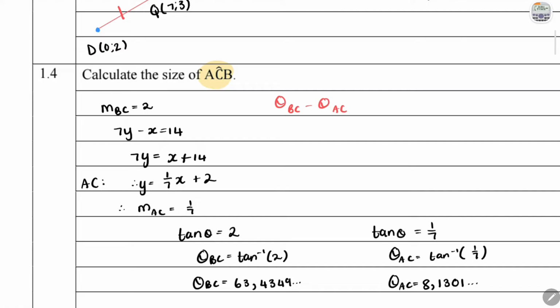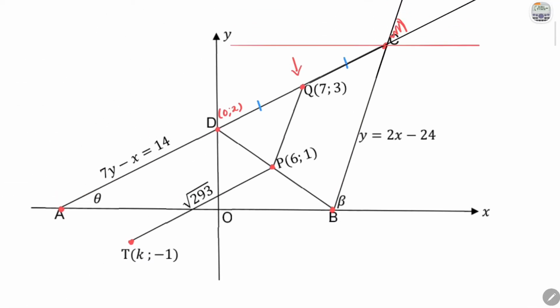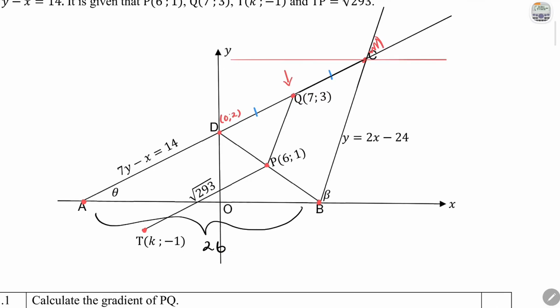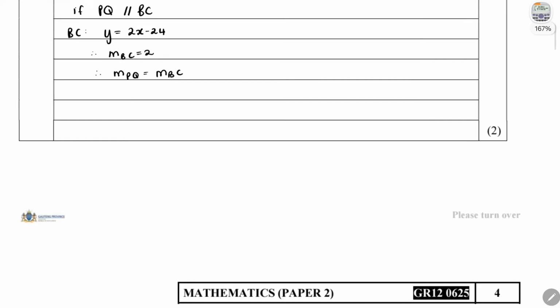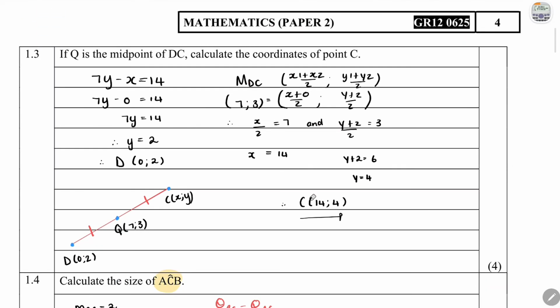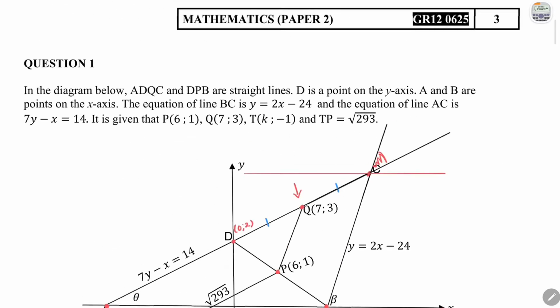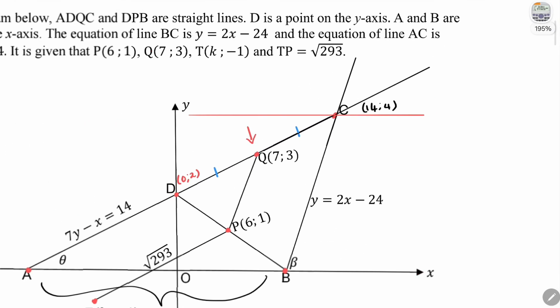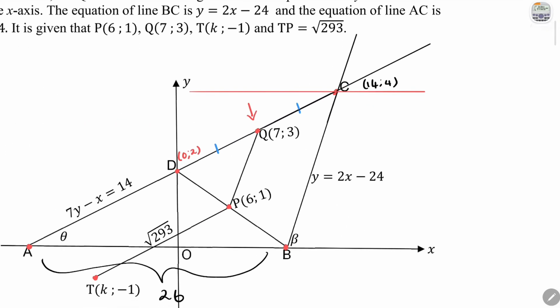So the area of ABC. The base is 26. What is the height? This point C, we already found that point. C was 14 and 4. Since we know that this is 14 and 4, what that means about that height is if this is a y value of 4, then you just went 4 units down, and that's how high this triangle is.